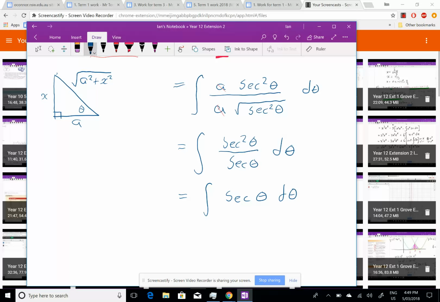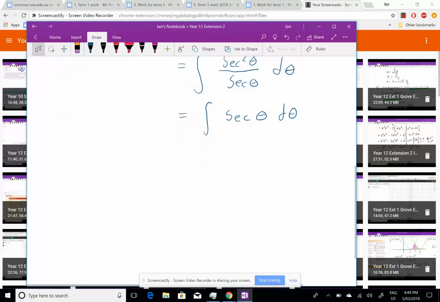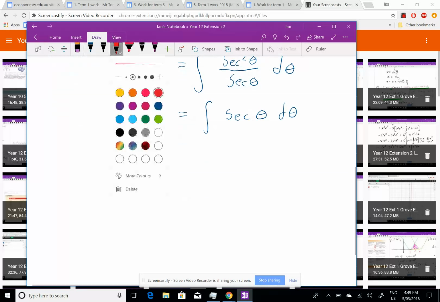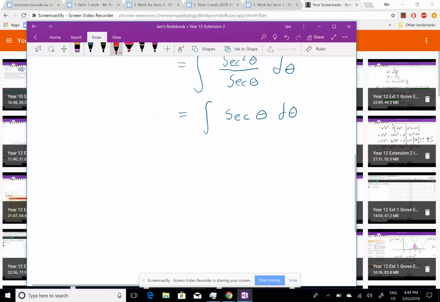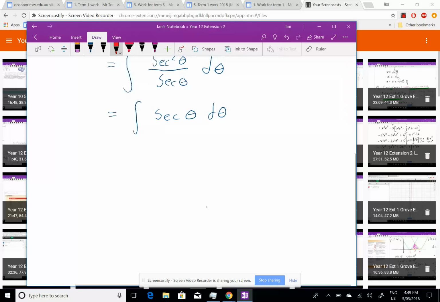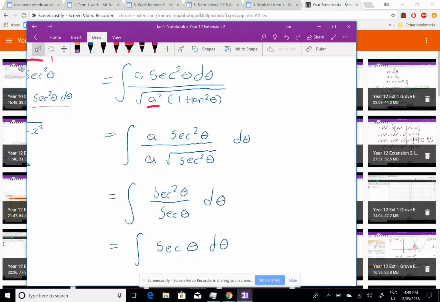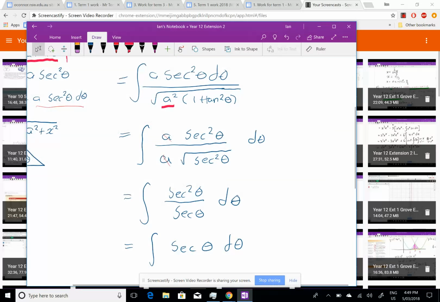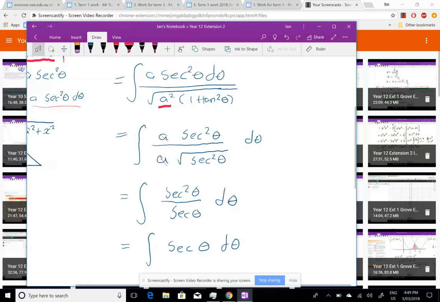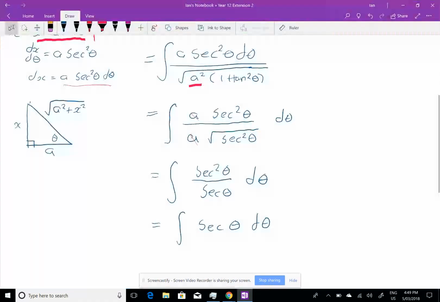Now, I'm going to do the integral of sec theta over here, just in case you forgot how we did it. So I'll just make this whole thing bigger.